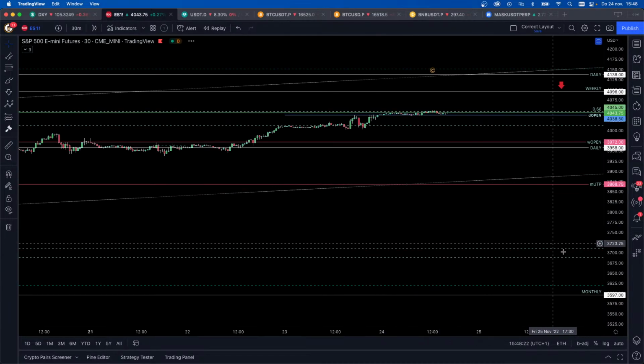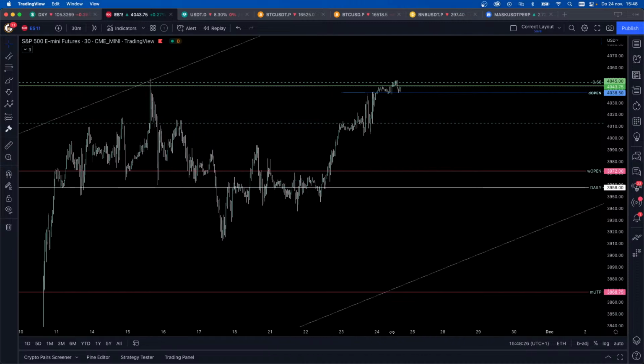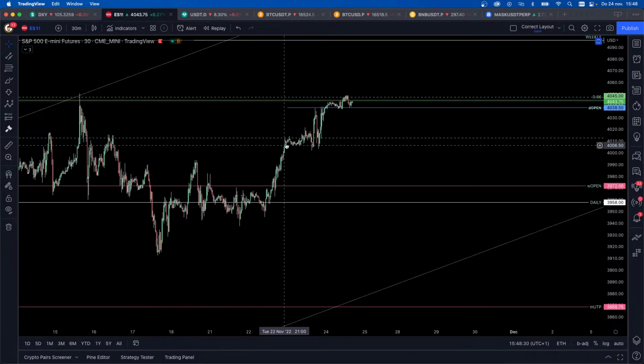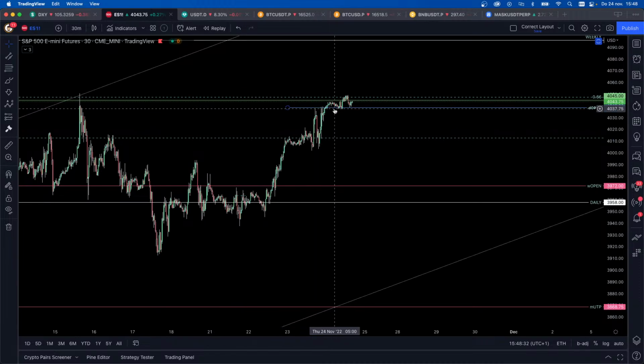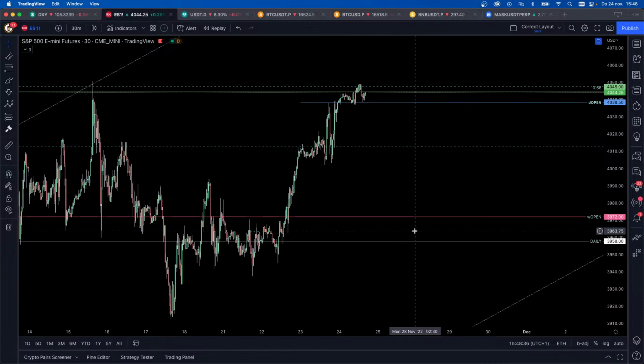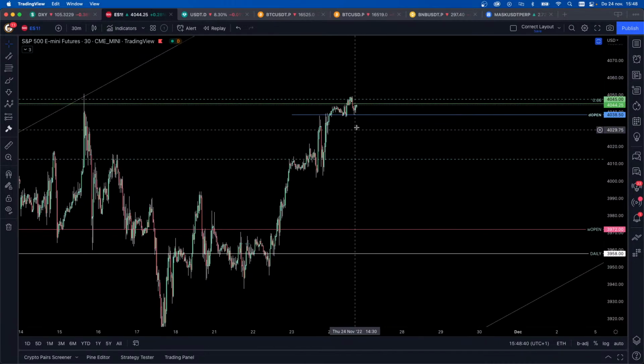If you then look on a market structure level, we currently have basically higher lows, higher lows, higher lows, higher lows, and another higher low. But we are making some kind of range here, so we are slowing down a little.